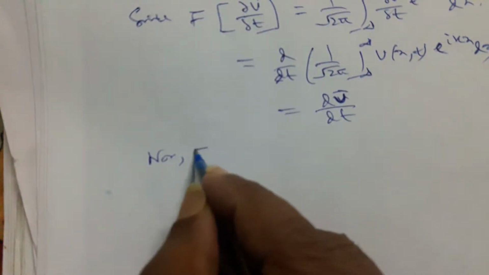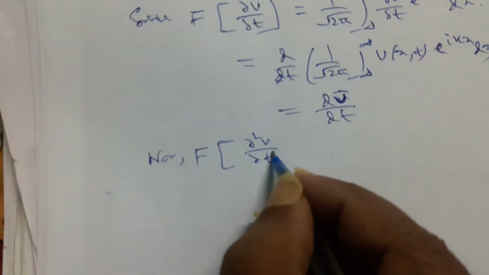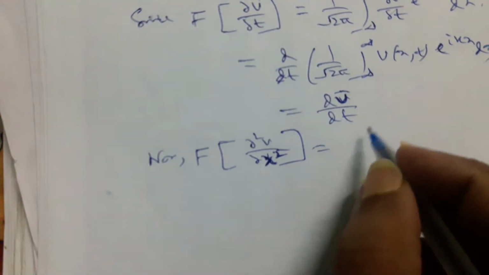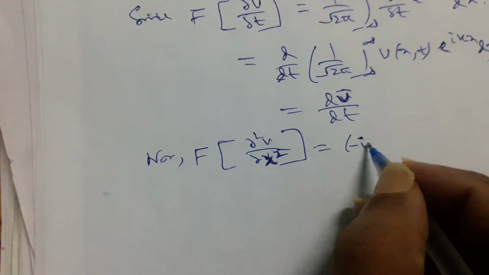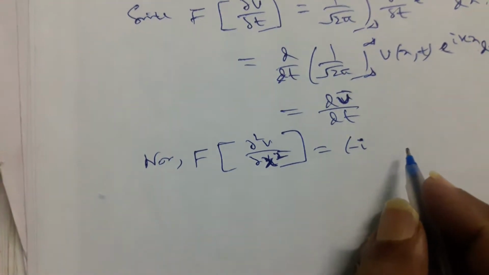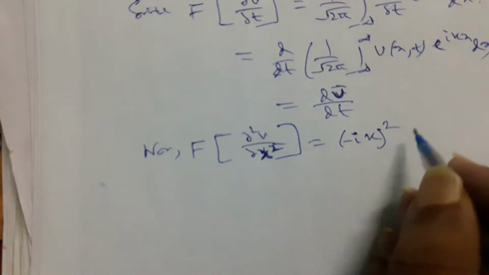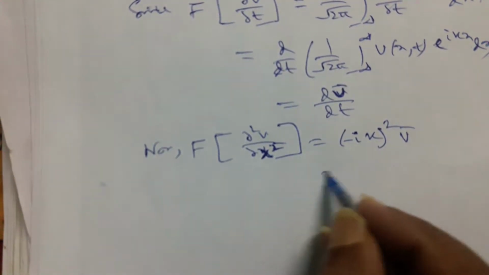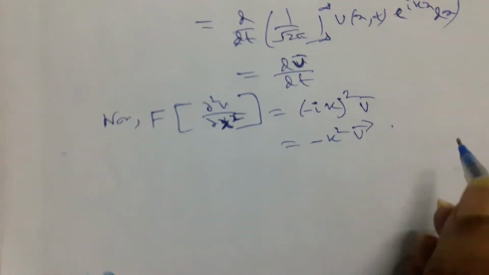Now if we take the Fourier transform of ∂²V/∂x², it's clear that by use of the properties of the Fourier transform, the derivative of the Fourier transform takes (ik) whole squared times V bar, so it will be minus k² V bar.